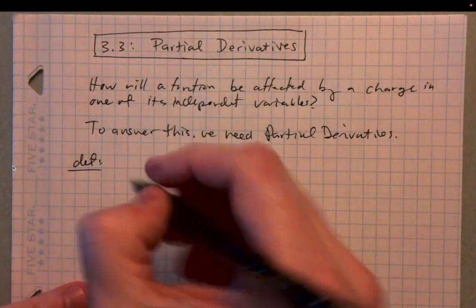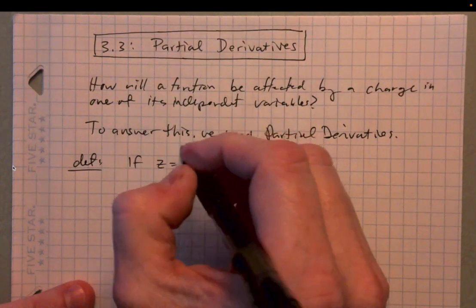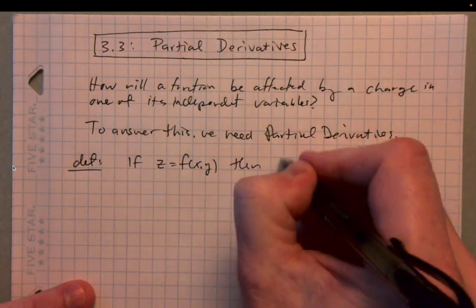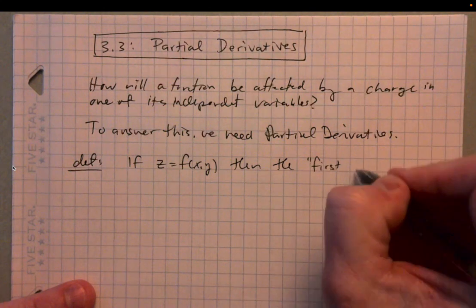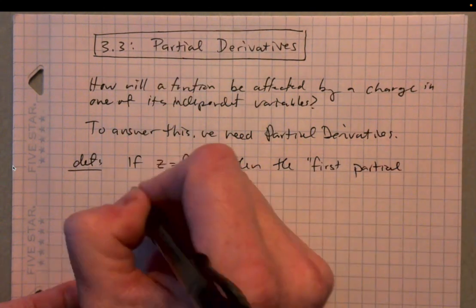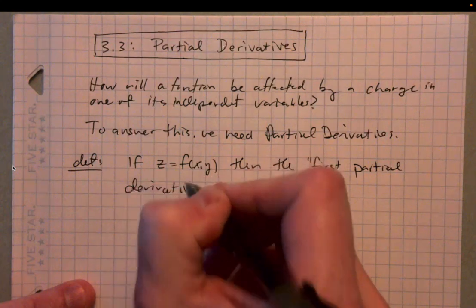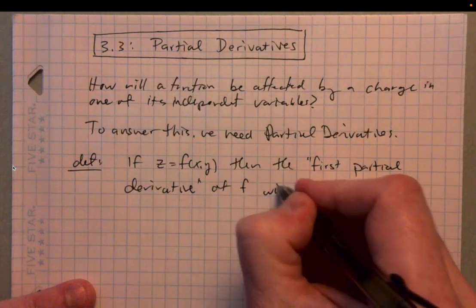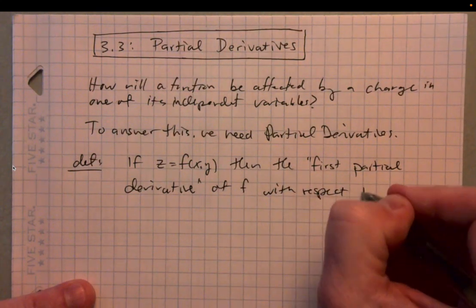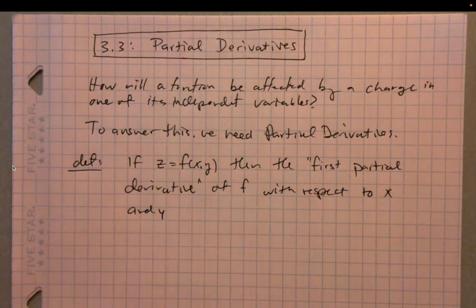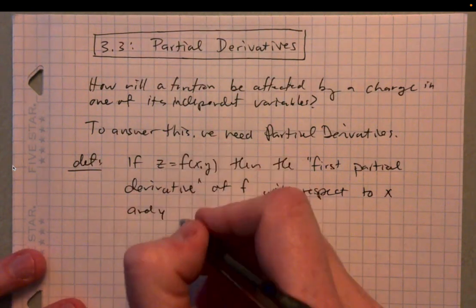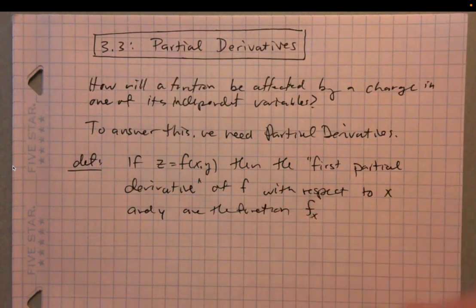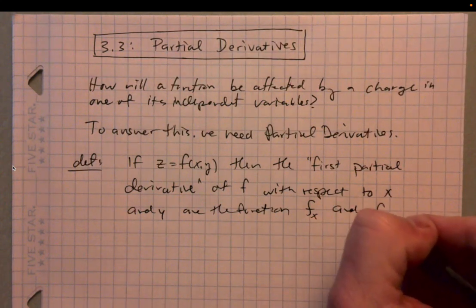Okay, so if z is a function of x and y, then the first partial derivatives of f with respect to x and y are the functions, and we denote it like this: f with an x subscript and f with a y subscript.